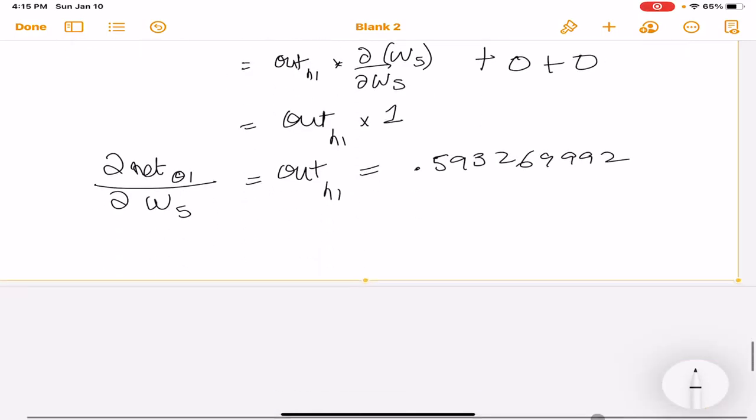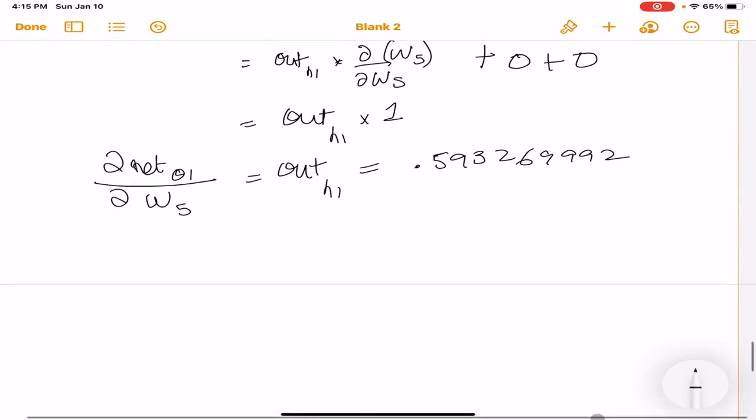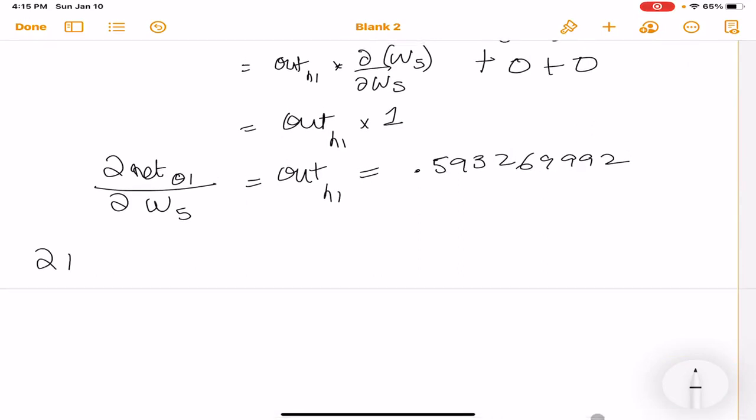And then finally we need to put it all together. So we need to find dou E total. This is where we started.